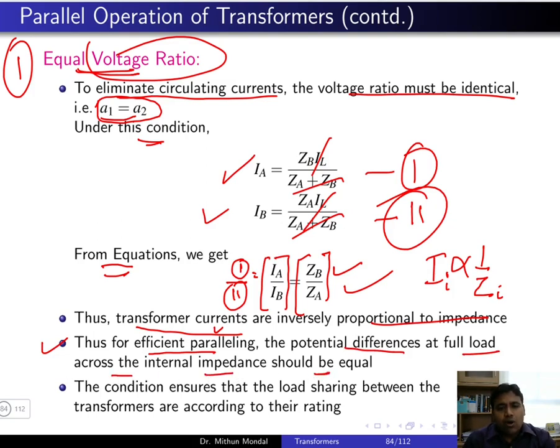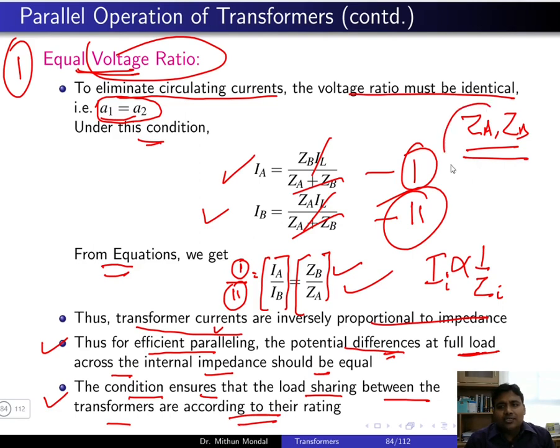If you want to do the parallel operation, the potential difference under the full load condition across the internal impedances, ZA and ZB, should be equal. Third point, the condition ensures that the load sharing between the transformers is according to their rating. Once the potential difference across ZA and ZB is equal, then the load sharing will be good.